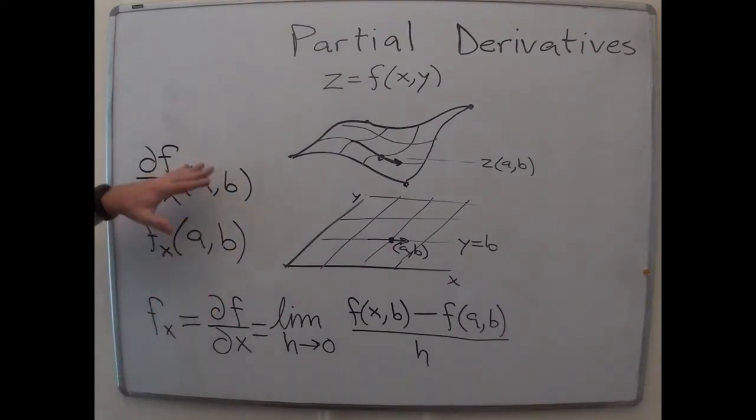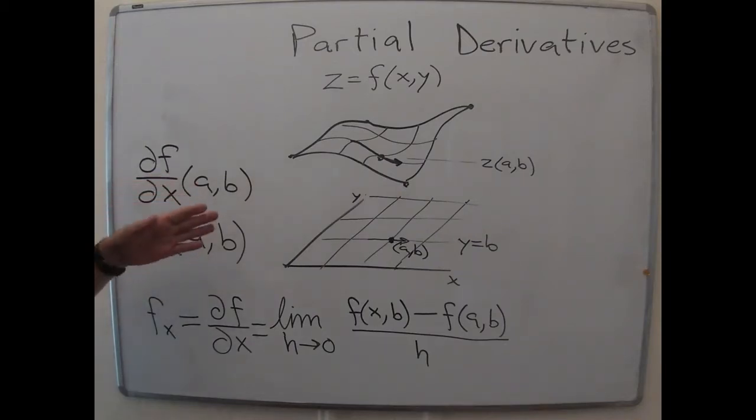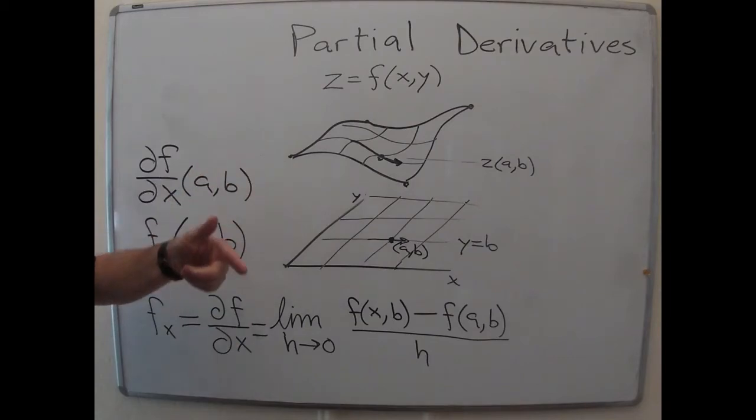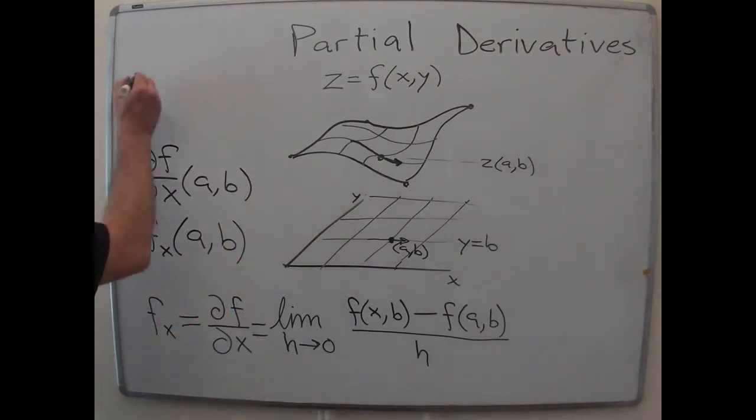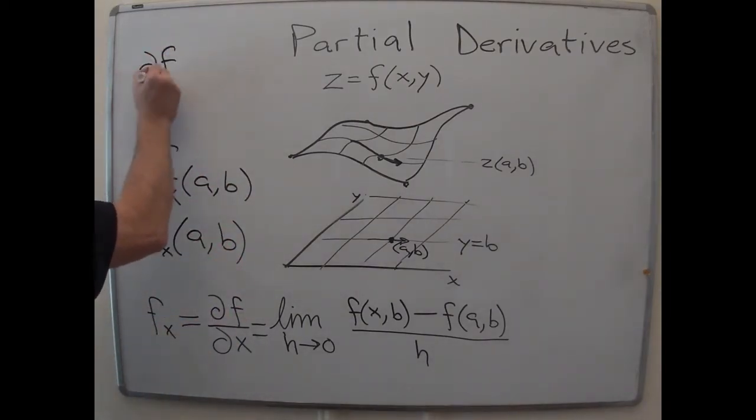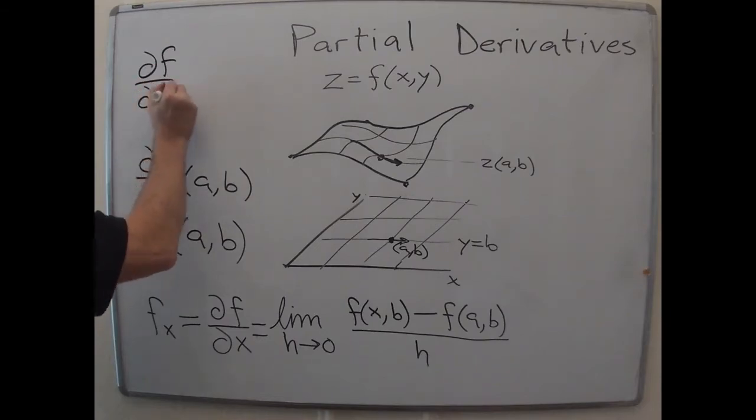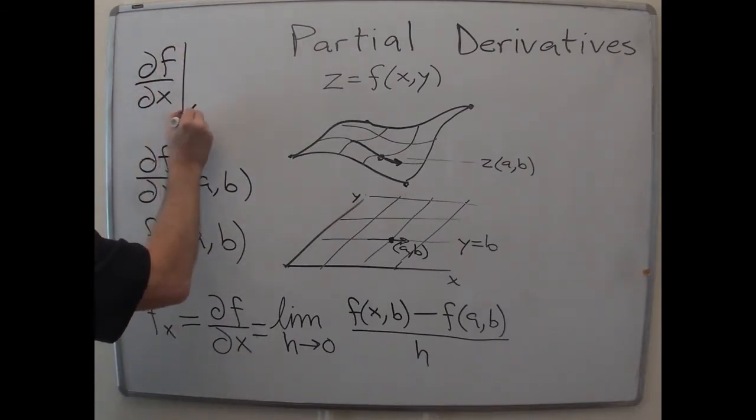Another notation for this is maybe too much notation, but you've got to be able to spot this stuff when it appears to you. It's a little bit akin to what we do when we evaluate an integral, when you have that vertical line with the upper limits and the lower limits. You could also write this: partial f partial x evaluated at a, b.